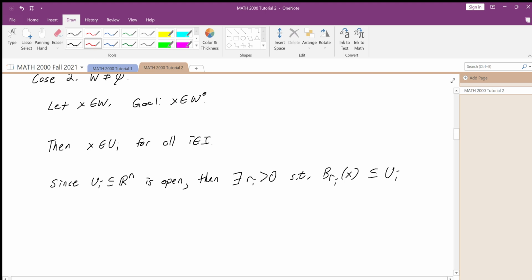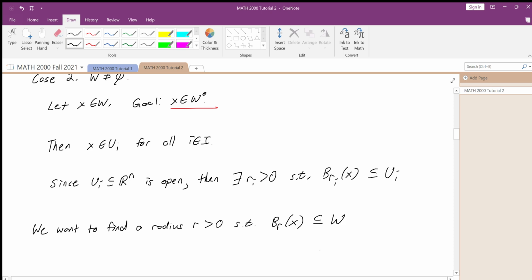So our goal is to show X is in the interior, and the way to do that is to find a radius R strictly greater than 0 such that the ball of radius R around X is contained by W.